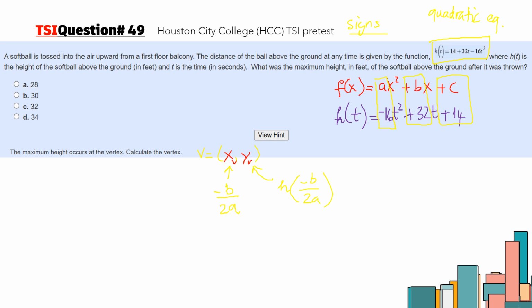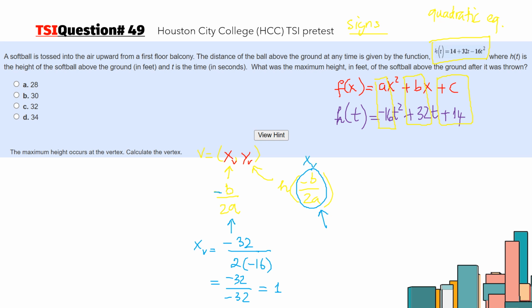Now we plug into the formula right here. x of v is minus 32, which is b. This minus comes from the formula, over 2a, so 2 times negative 16. This equals negative 32 over negative 32, which is 1. This part right here is your x sub v.